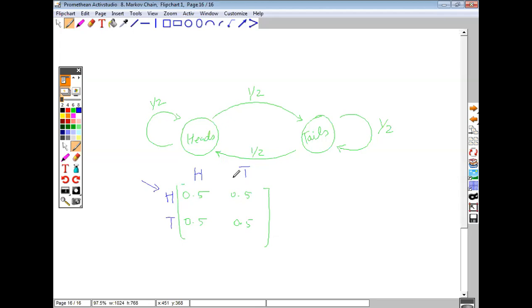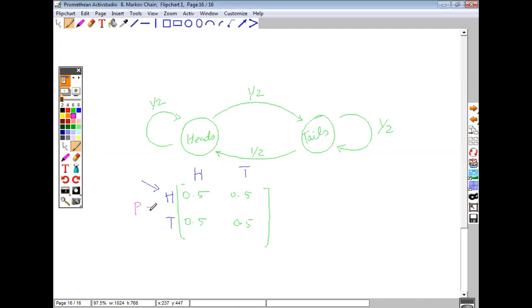So you are saying that a 0.5 proportion of the time, that is 50% of the time, you expect to spend your time in the heads state, and 50% of the time you expect to spend your time in the tails state. And that is another way to interpret this transition matrix. So again, let me just say that this is the transition matrix.